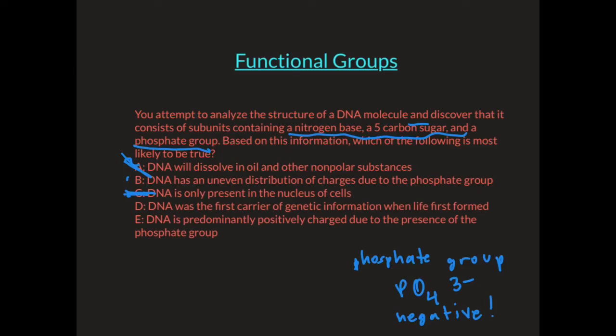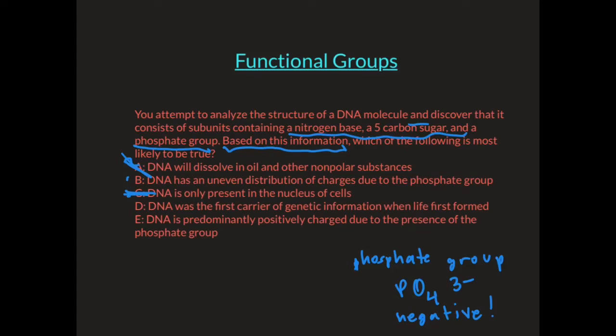But even if you don't know that, remember, the question said based on this information. We've used the information from the previous choice to know that because it's a phosphate group, it has to have an uneven distribution of charge. But DNA is only present in the nucleus of cells? There is in no way anything in the information that could allow us to address this conclusion. So even if we don't know this fact, it has to be wrong.